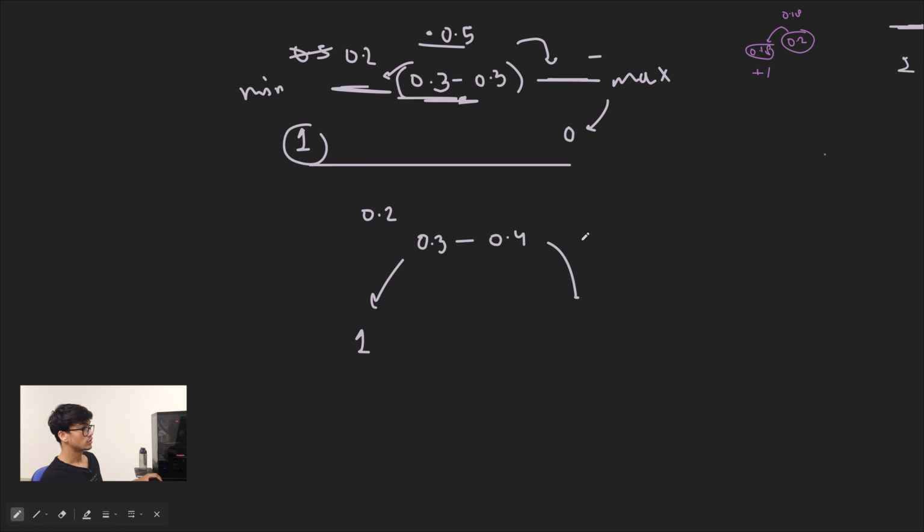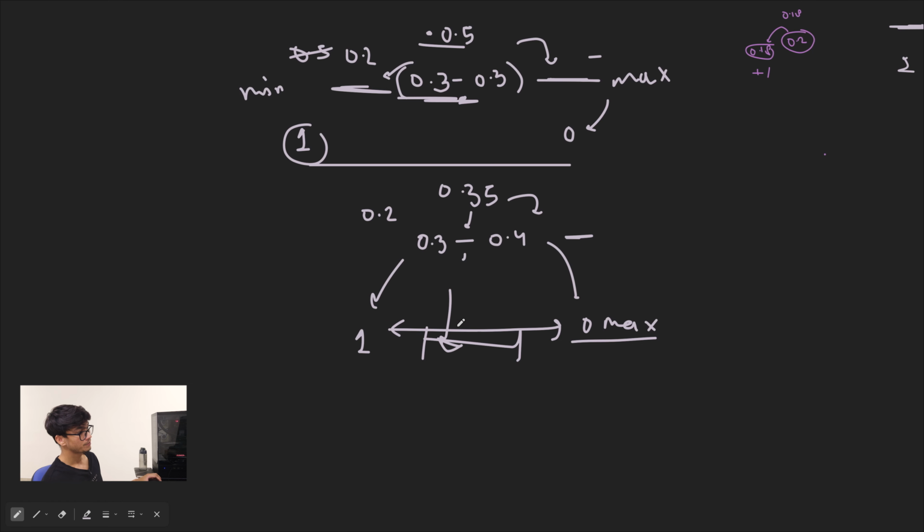And if something falls greater than this range, you will get the maximum value, which is 0 in this case. If we are sampling 0.35, which falls in between this range, then from this range we will not get 1 or 0, we will get something like 0.9. That's how it works. So we are giving that 0.9 and we are getting it from this range value.